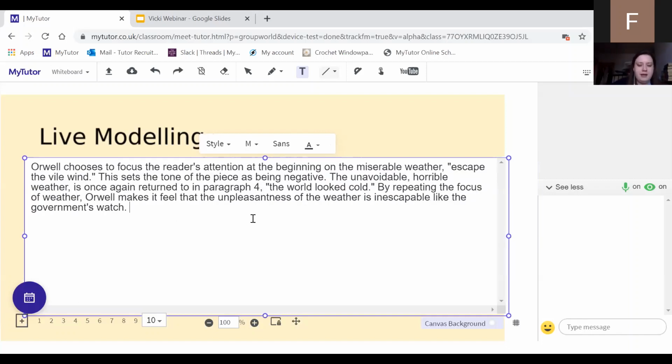So let's have a look at the next one. So the second paragraph, transitions. So now I'm sort of ticking off the other structural features. I've also ticked that off with tone as well, where I've mentioned that, into describing Winston's living conditions.